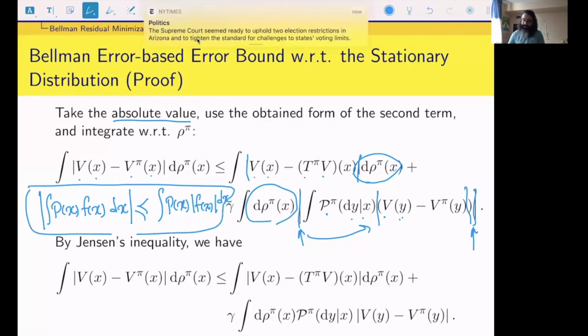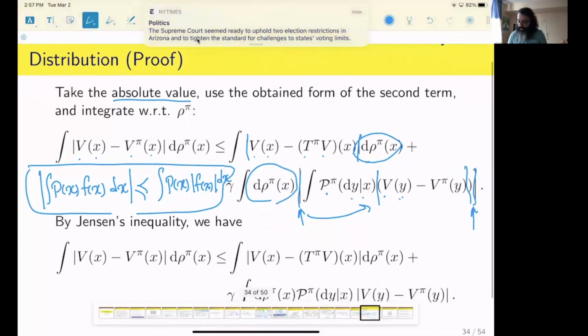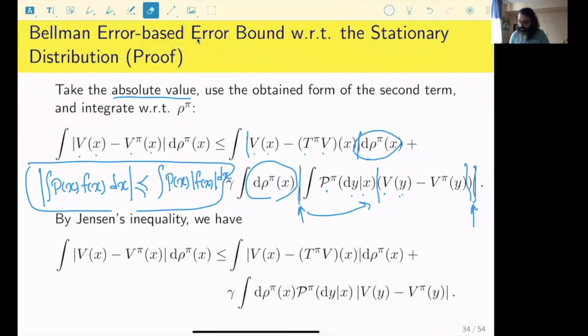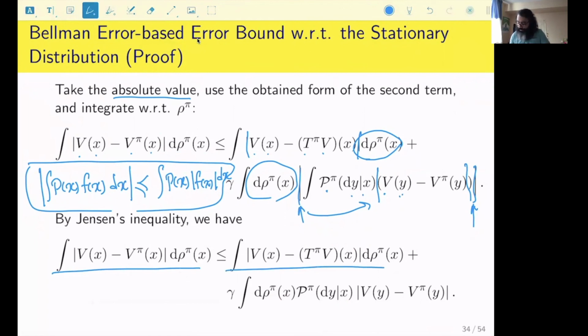And that's a result of Jensen's inequality, if you want to prove it. Okay, so by Jensen's inequality, the left-hand side is upper bounded by, again, the same first term, plus gamma times dρ^π(x), P^π(dy|x), the absolute value of V(y) minus V^π(y).